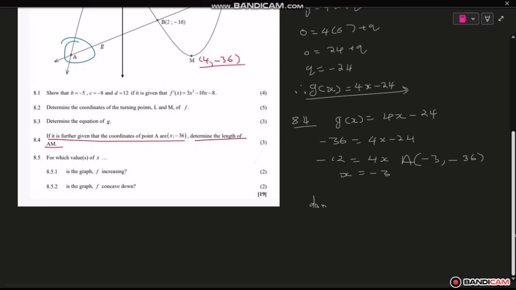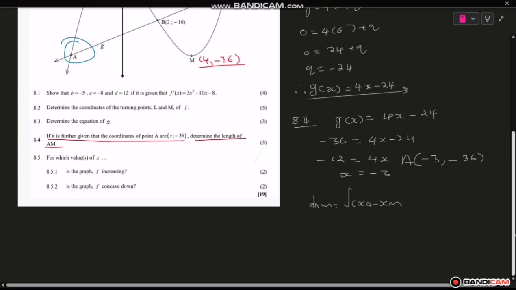Therefore, the distance of AM equals the square root of (x_A minus x_M) squared plus (y_A minus y_M) squared, with everything under a square root.